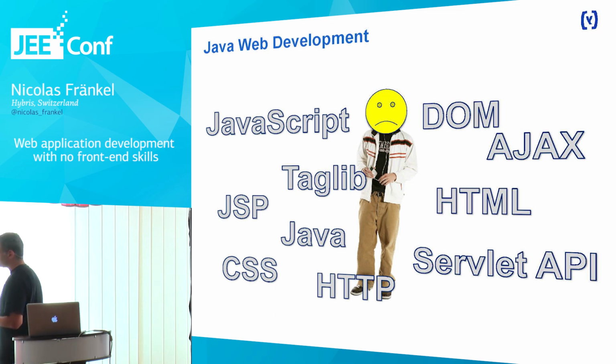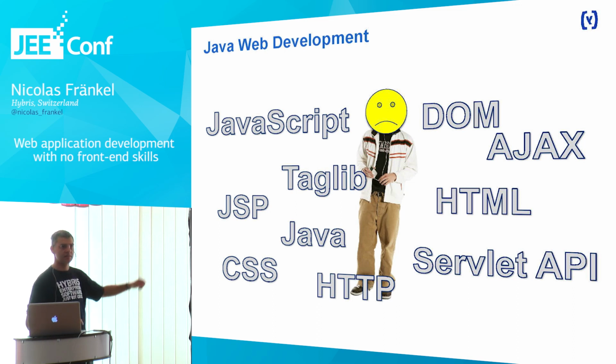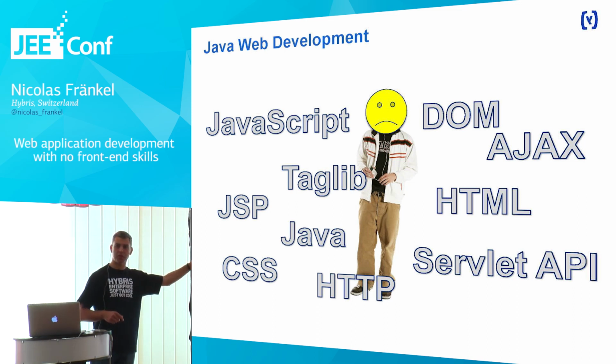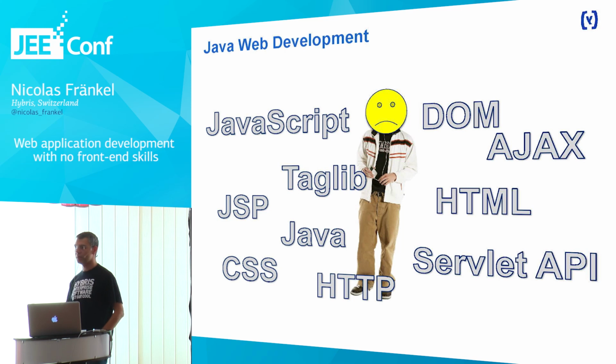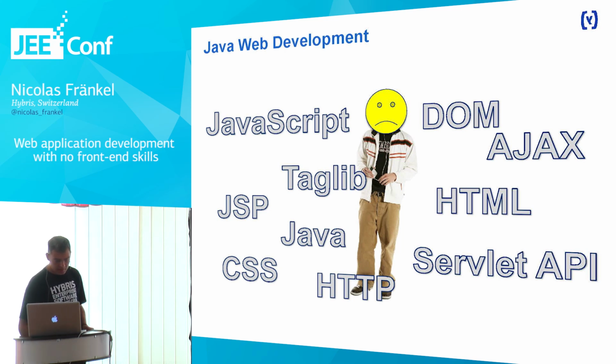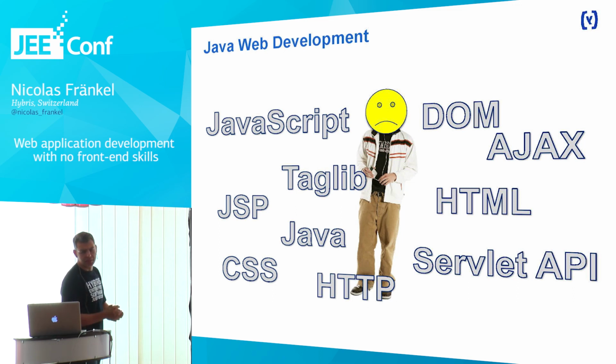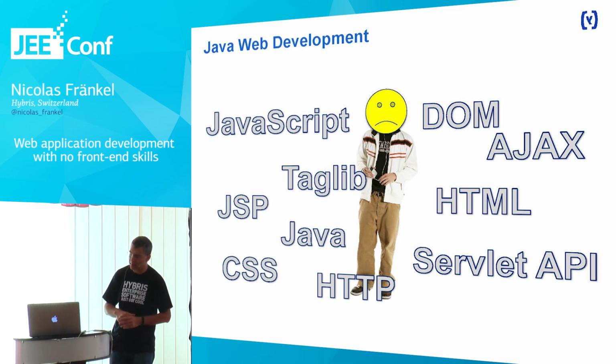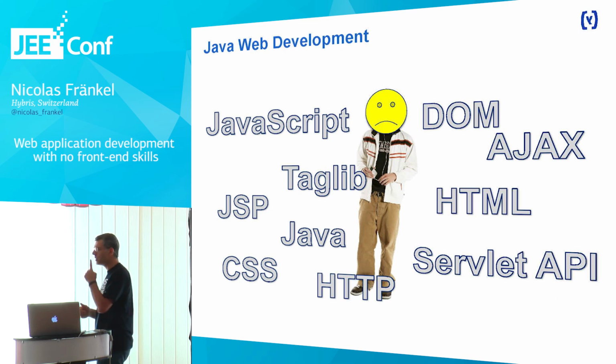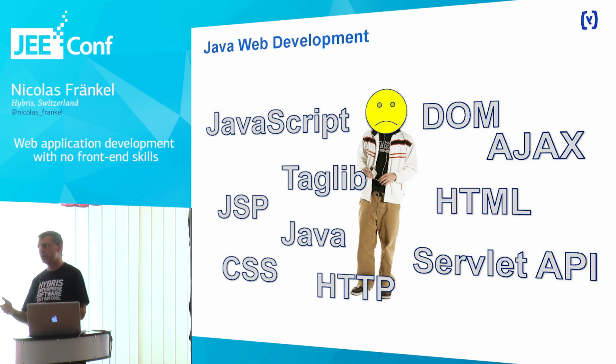So first, Java web development. Java web development is complex. This is me when I was young. See how happy I was? I was passionate. I wanted to do Java web development. And then what happened? I was taught Java. That was OK. Then I had to learn about the Servlet API, JSP. What about the taglib? Yeah, because you have to know taglib.